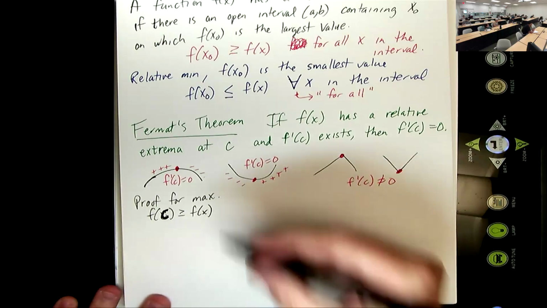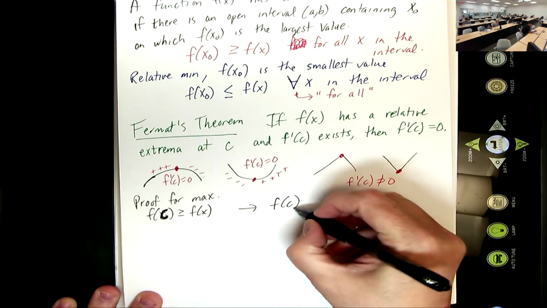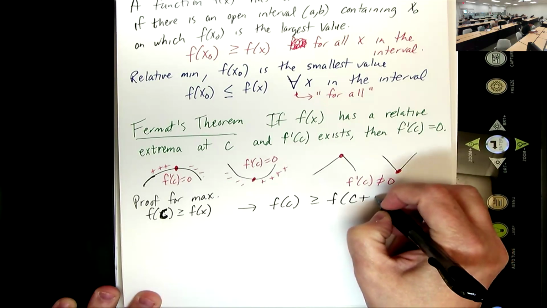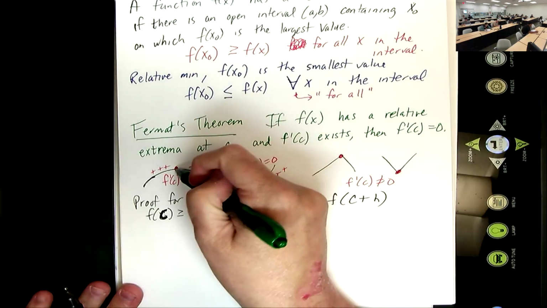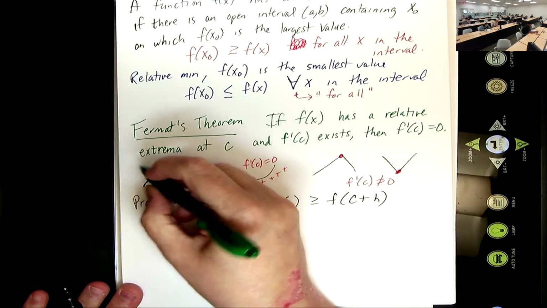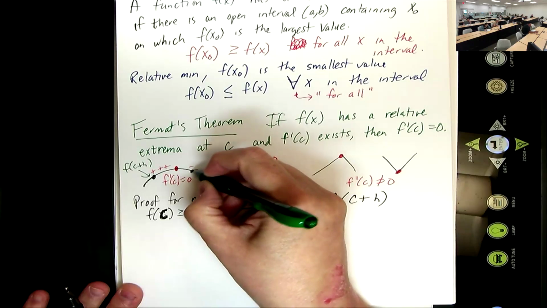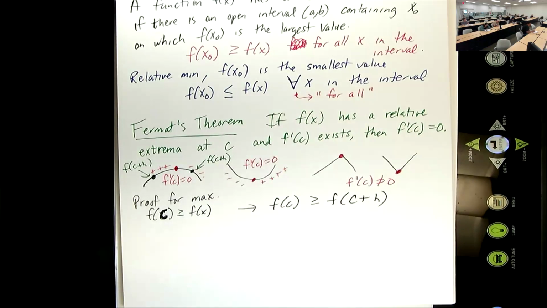Which means if I look at values around it, f of c should be greater than or equal to f of c plus some small value h. So like x plus a little bit or x minus a little bit. Looking up here, if this is f of c, this is like an f of c plus h right here, and over here I could have f of c plus a different h. But the idea is what's going on pictorially here.